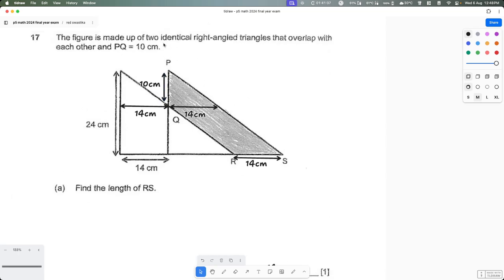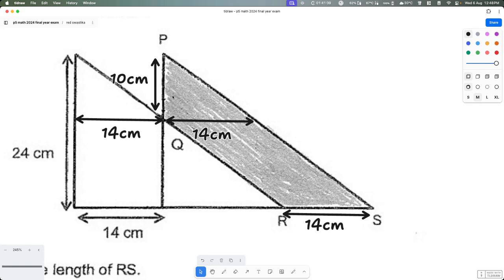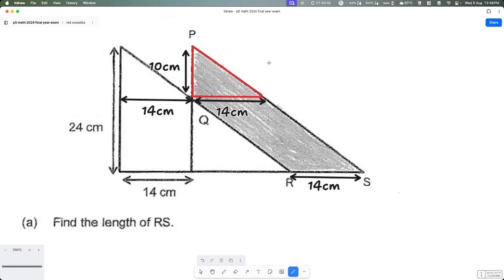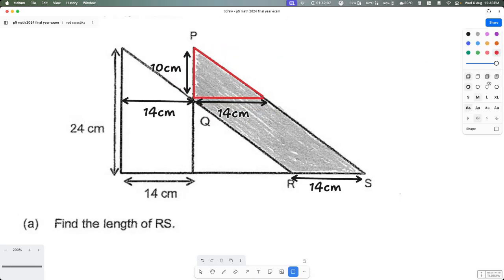Okay, so I think you can see we have one triangle over here, right? So I'm going to quickly draw this triangle. So you see I have a red triangle as what you see over here. So it's pretty straightforward because in this case, this is a right angle triangle as well, right? Okay, then we can form another triangle.